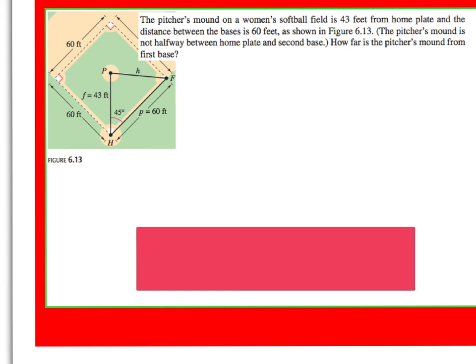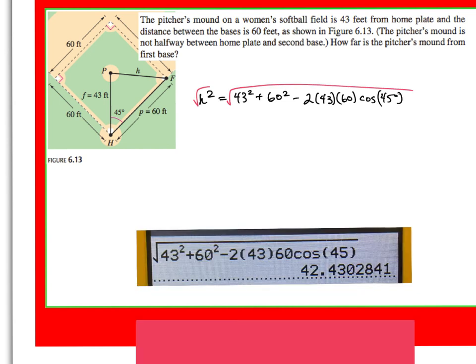I'd have h squared is equal to my other two sides, which are 43 squared plus 60 squared minus 2 times 43 times 60 times cosine of 45 degrees. Before I put that in a calculator, I would square root both sides. After we enter it, we end up getting 42.4303-ish feet.